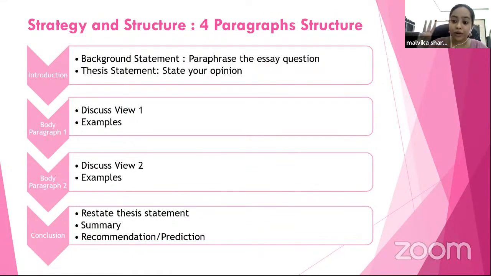Those are the three parts: restatement of your opinion, summary, and recommendation. Only then you have a strong conclusion. So we have the introduction, two body paragraphs discussing both the views along with solid examples, and fourth, the conclusion. That is how the structure of the essay looks.